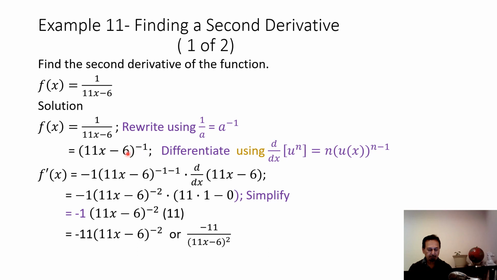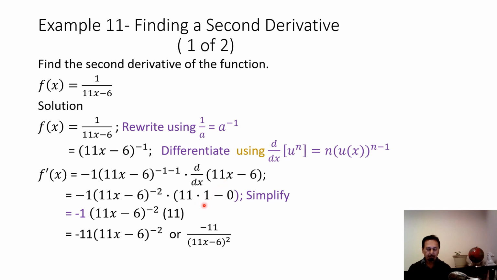So the power is negative 1, you bring it down, negative 1, and just copy 11x minus 6, and then subtract 1 from minus 1. And at the end, you multiply by the derivative of 11x minus 6. Now you just write minus 1, 11x minus 6 to the power negative 2.